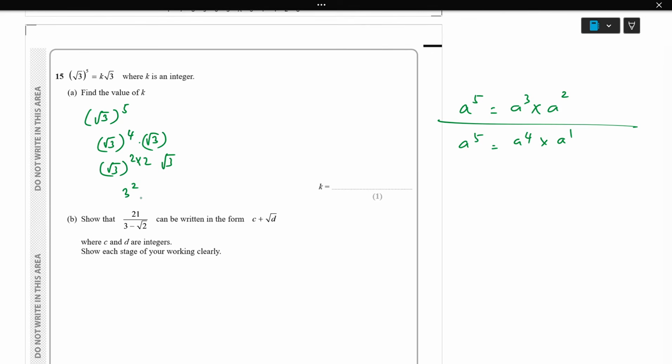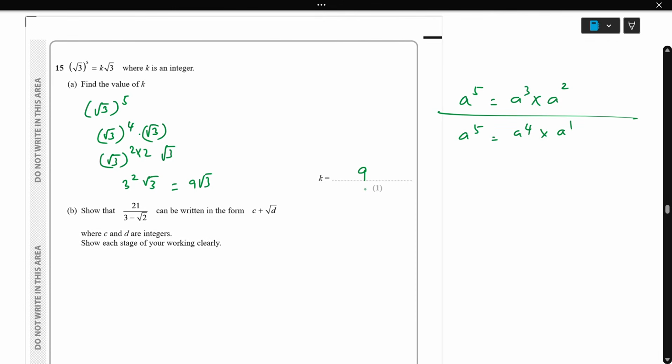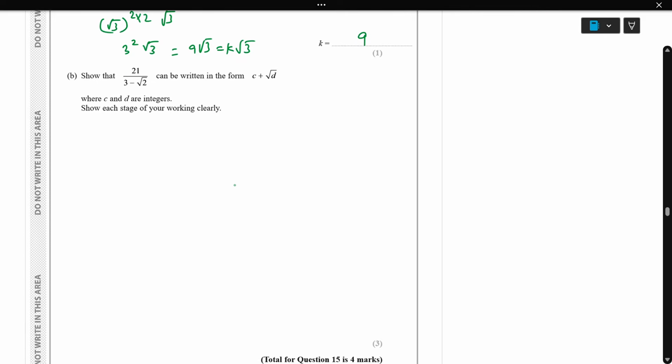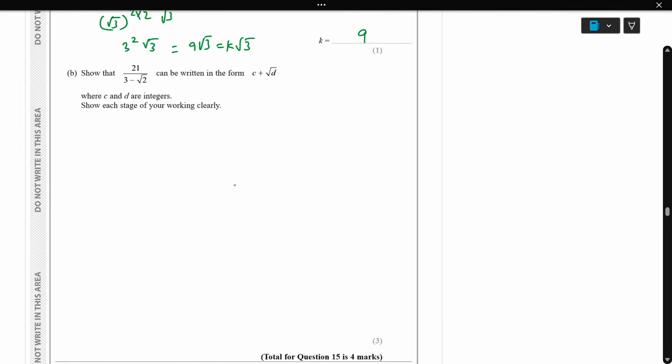So root 3 power 4 is 3 squared into root 3, which is equal to 9 root 3. So k equals 9 is the answer here, instead of k there is 9.